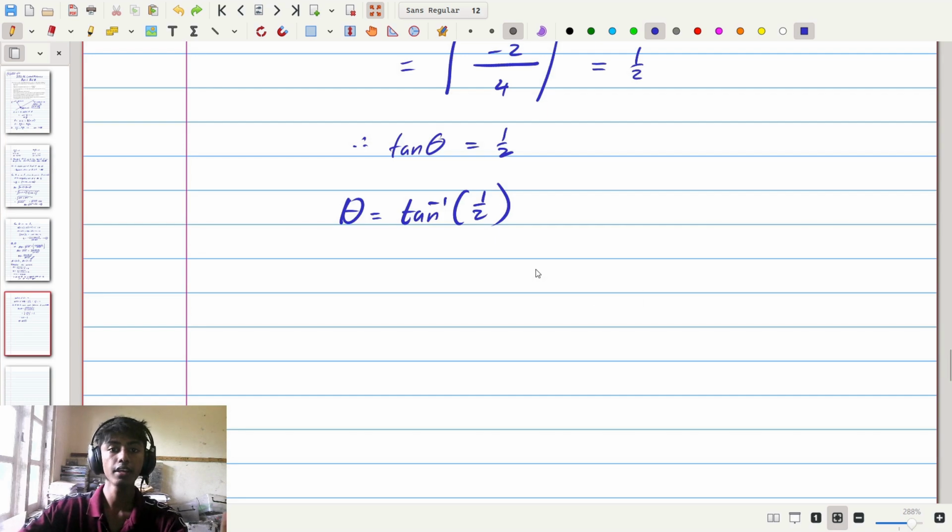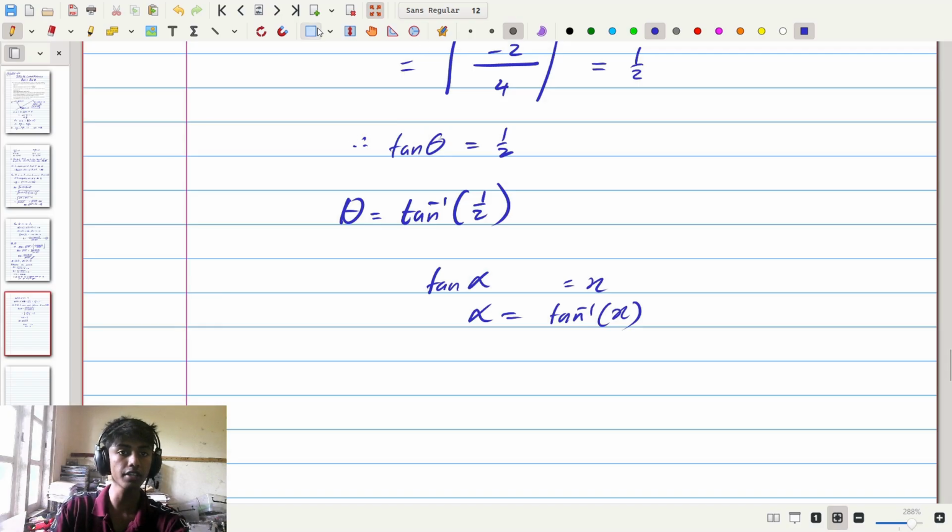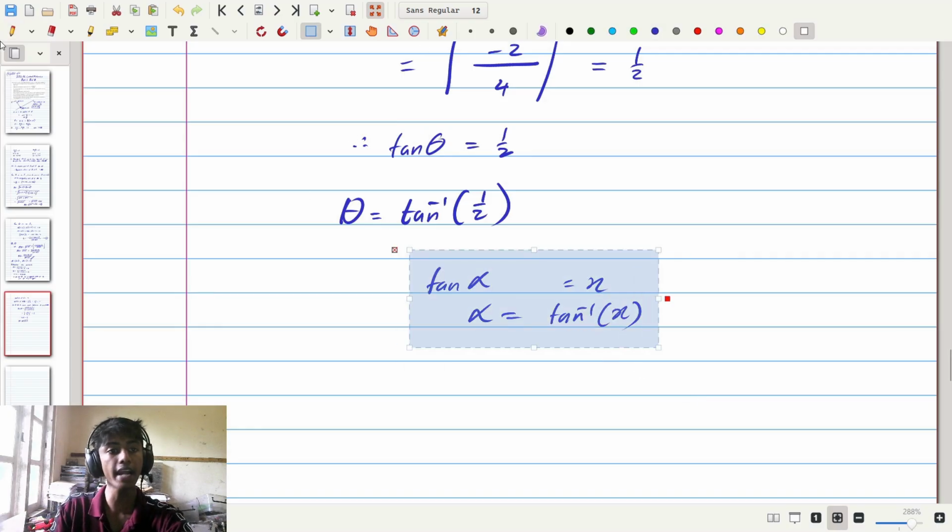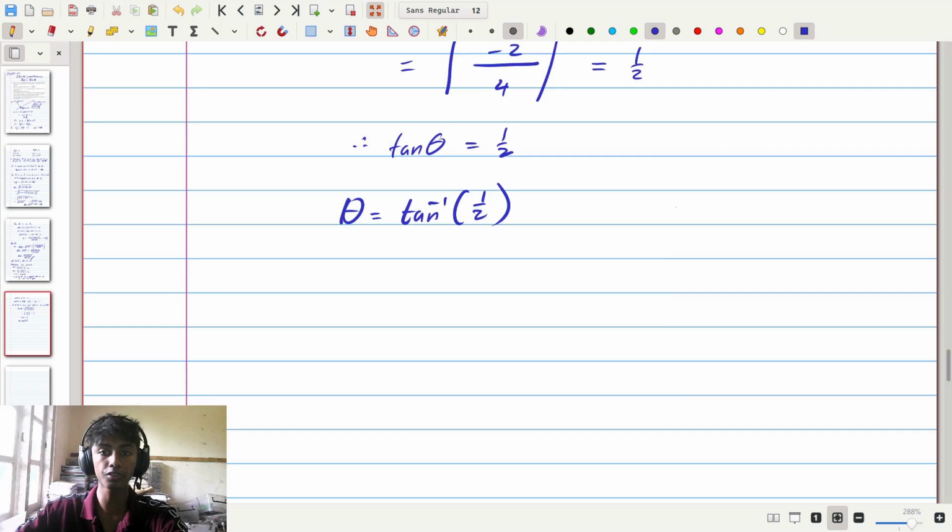We can say if an angle is acute, let's say tan of alpha equals x, and alpha is an acute angle, meaning in between 0 and pi by 2 radians, then alpha would directly be equal to tan inverse of x. Due to this, we can say directly theta equals tan inverse of a half because theta is in between 0 and pi by 2 radians.